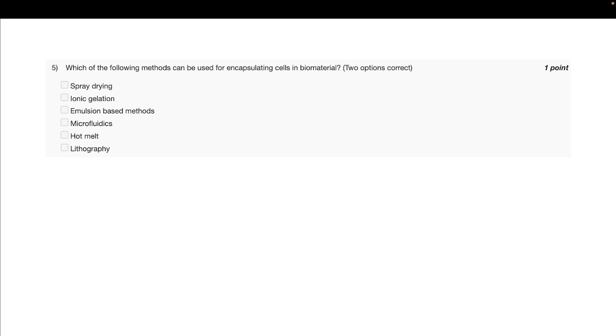Okay, no one? Okay, let's discuss the answer. The right answer for this question is ionic gelation and microfluidics. So these are two methods which can be used to encapsulate cells in biomaterials.